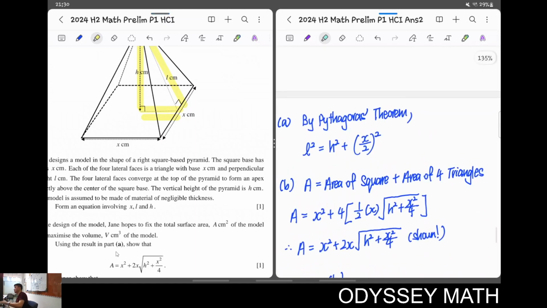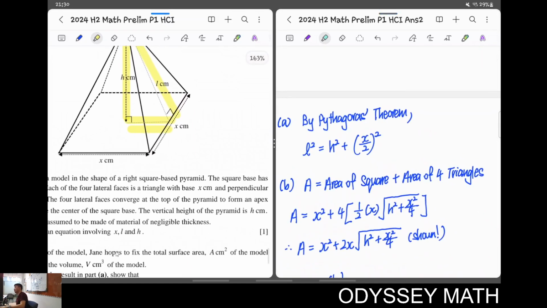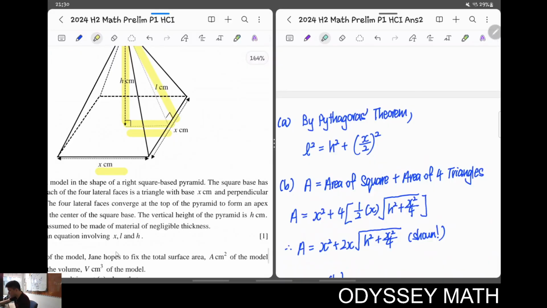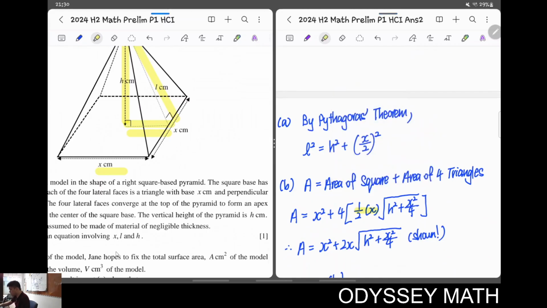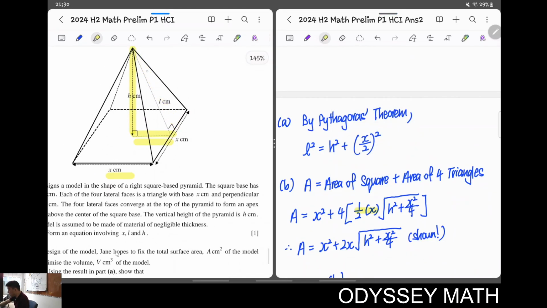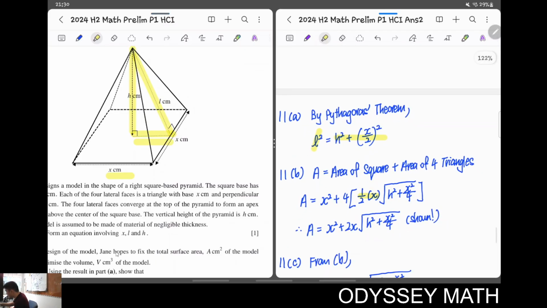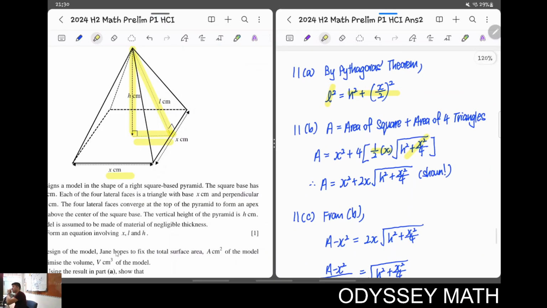So A equals x squared plus 4 times half times base x times my perpendicular height to the lateral side of the triangle, which is l. Which l squared is this, right? So l would just be square root of h squared plus x squared over 4. Understand? Just do your algebra here, you get the answer over there.